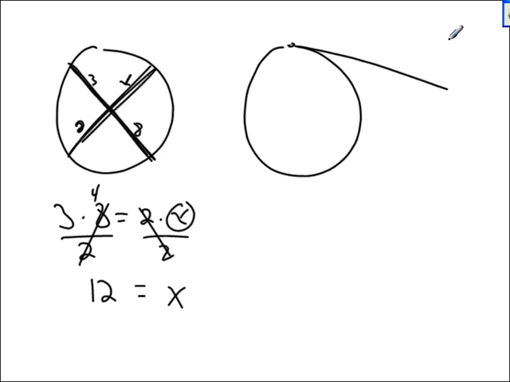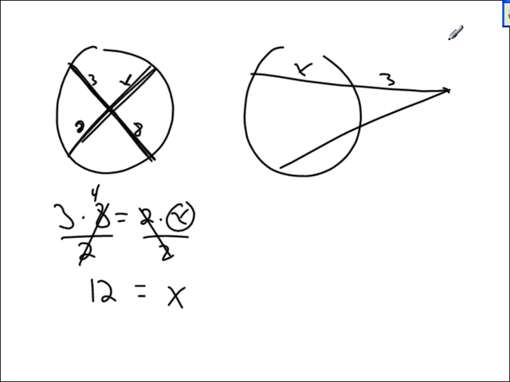Suppose we have a tangent and a chord. Well, actually, let's do that one next. Secant: x, 3, 5, and 10.